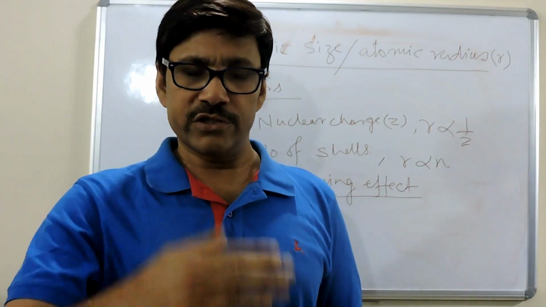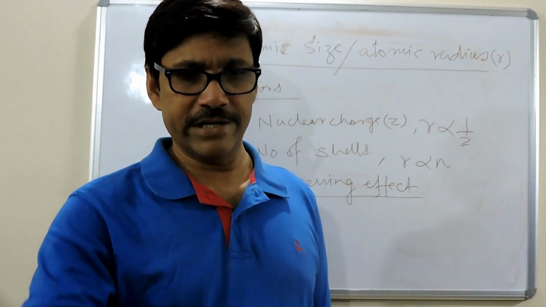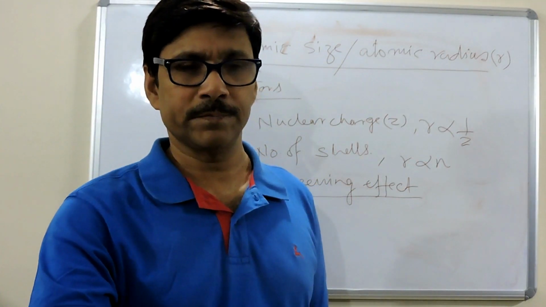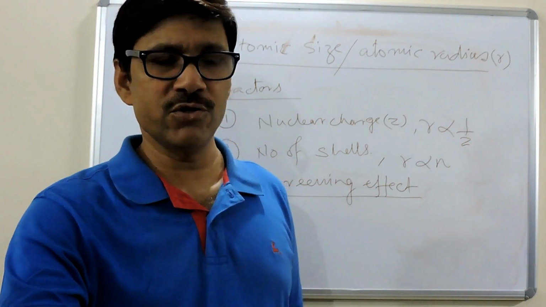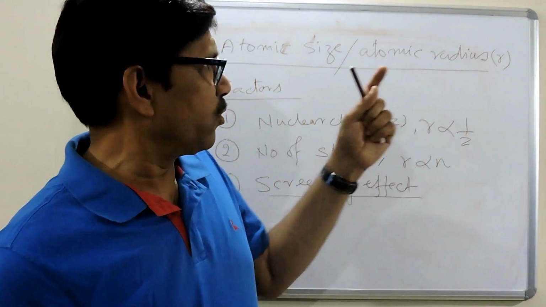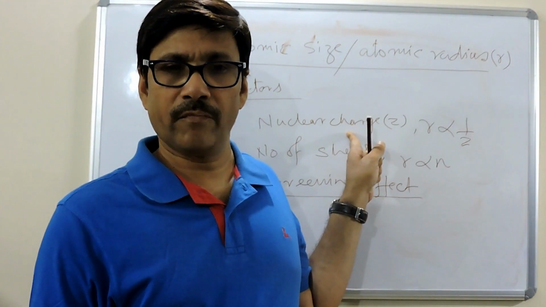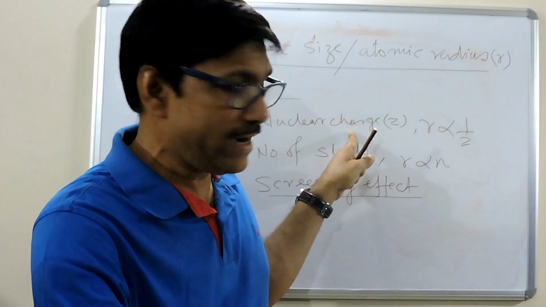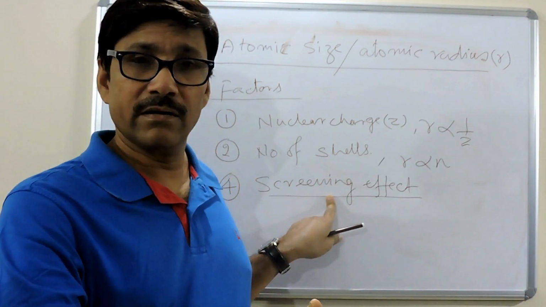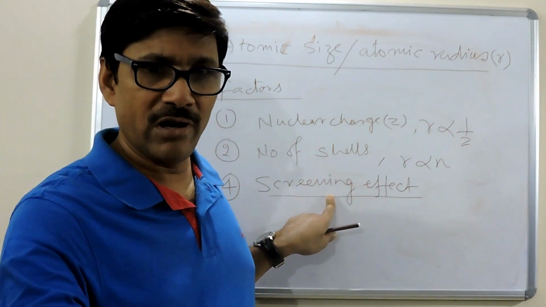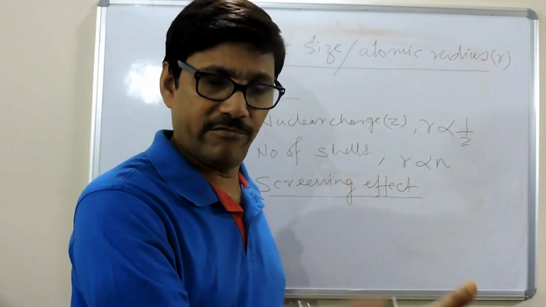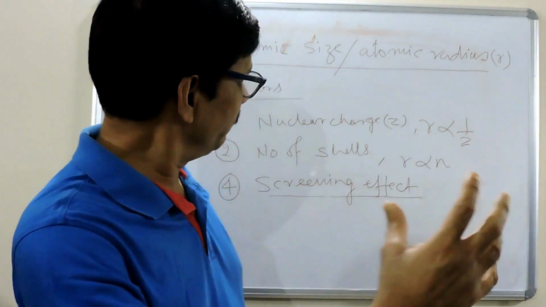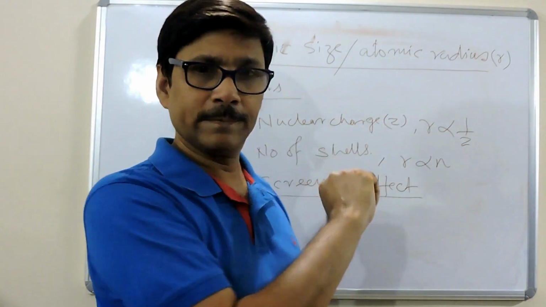Why? Because if any taller student is sitting right in front of you, then you will not be able to see the blackboard properly. So we say that the blackboard is shielded, screened by the taller student sitting right in front of you, and you will not be able to see the blackboard clearly.